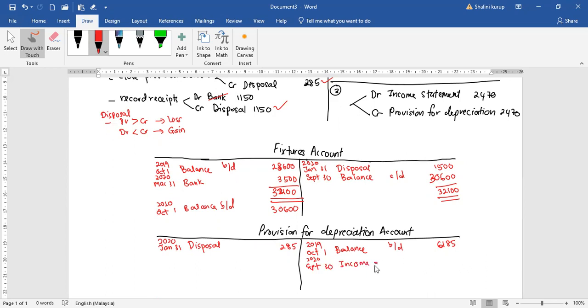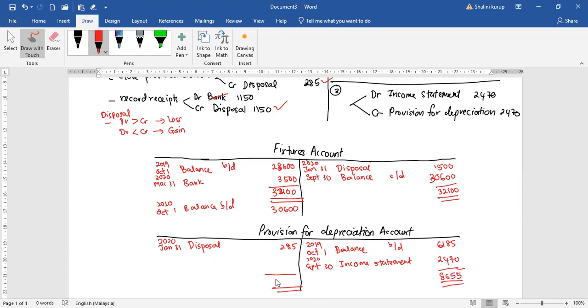So this is for the remaining assets that you have. And this is 2470. So one look at it, you know this side is bigger than the other side. So just balance the account off. So 6185 plus 2470, you will get 8655.